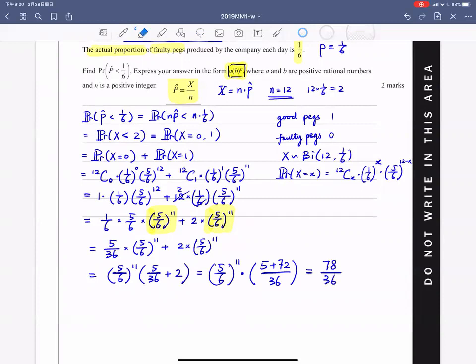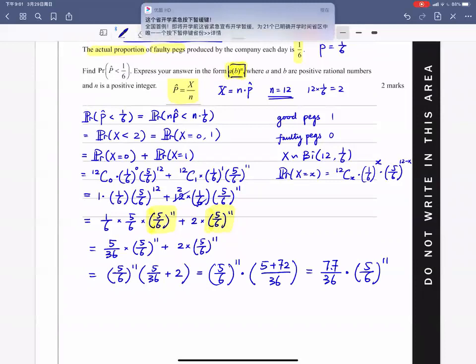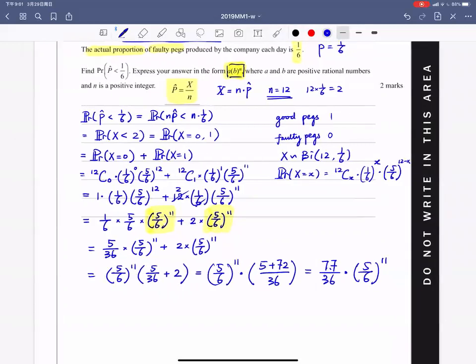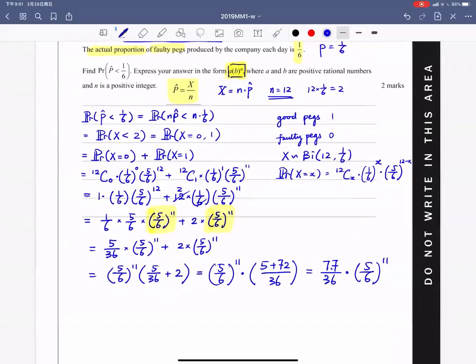No, actually 77 times 5 on 6 to the power of 11. Did I do something interesting? Let me double check. Something does not look quite right. I need to have a look.